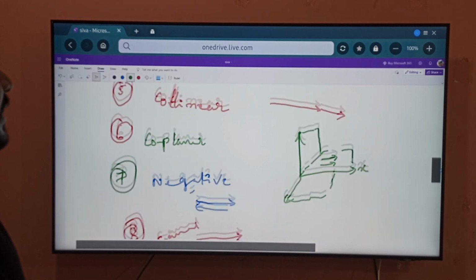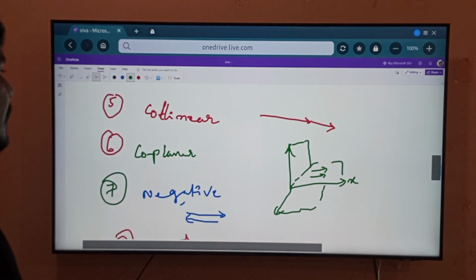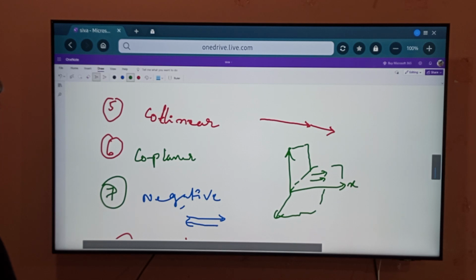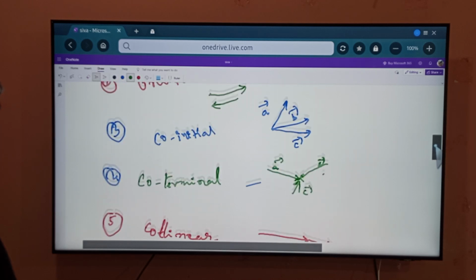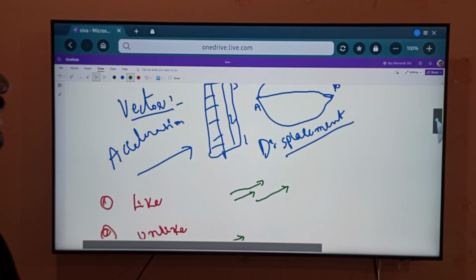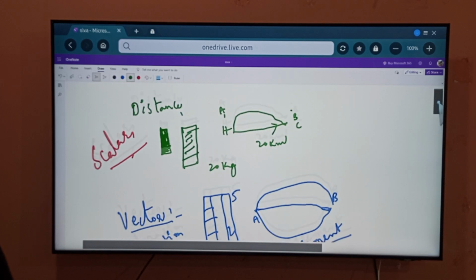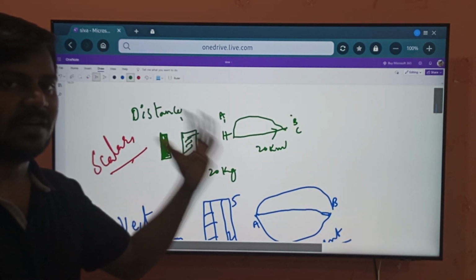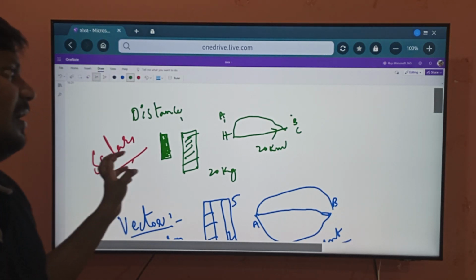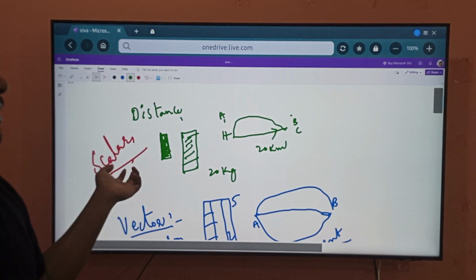So this is about vectors and scalars. Till now we discussed physical quantities, which can be divided into two types: scalar and vector.